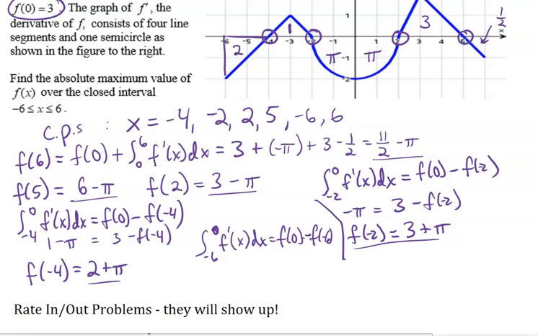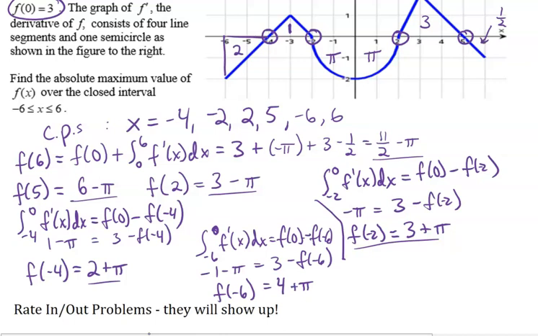So negative 2 plus 1 minus pi is negative 1 minus pi. F of 0 is 3. Okay, so f of negative 6 is 4 plus pi.